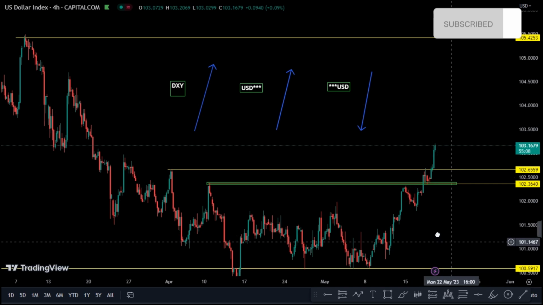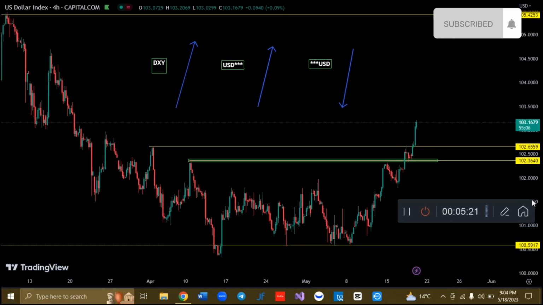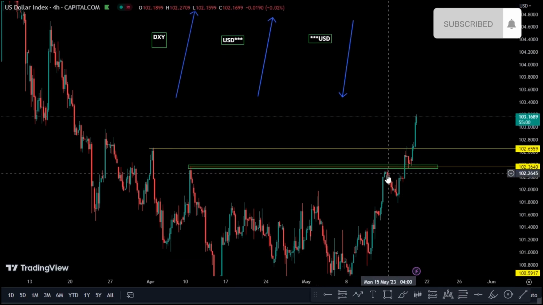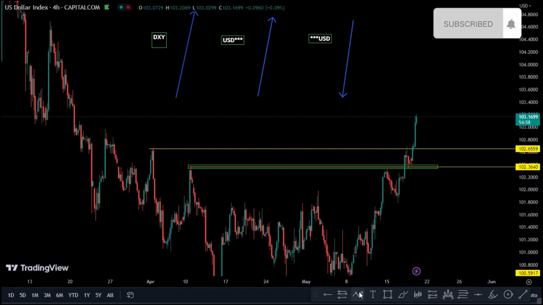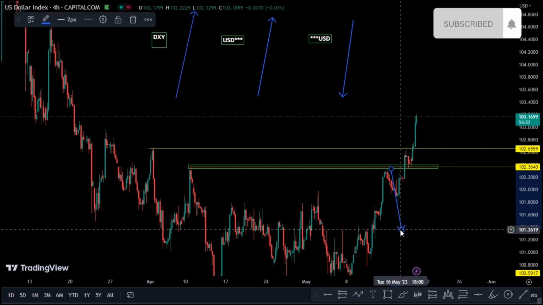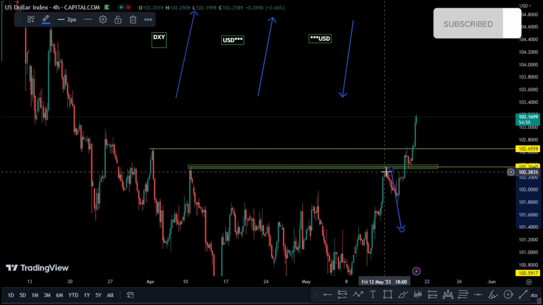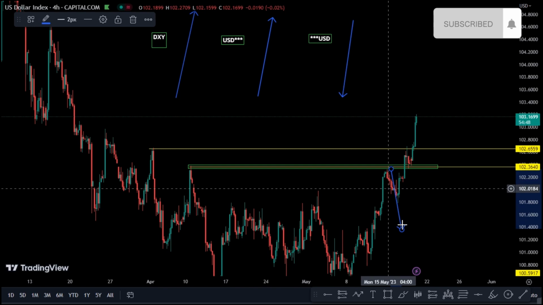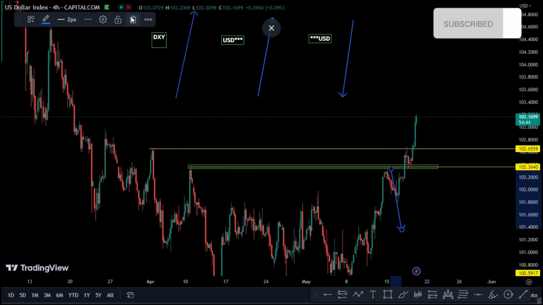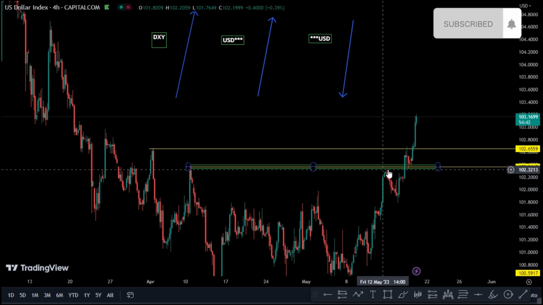So as I was saying, this is where we had our markets on Sunday before the market opened, and then we anticipated a push all the way to this point, from this area here, before a move up. And indeed, we did have a reaction to this structure.